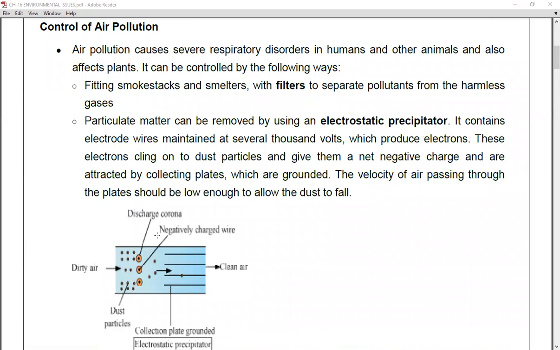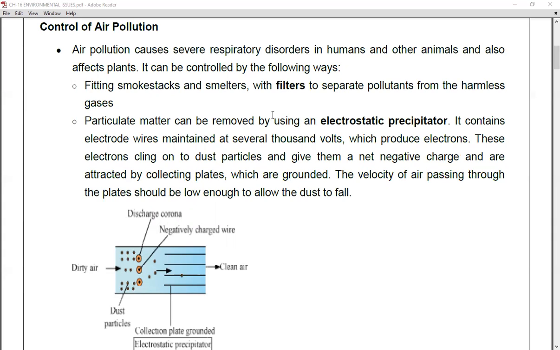Air pollution causes severe respiratory disorders in humans. As the air first enters inside your lungs, air pollution causes severe respiratory disorders in humans as well as in other animals, and up to some extent it also affects plants.